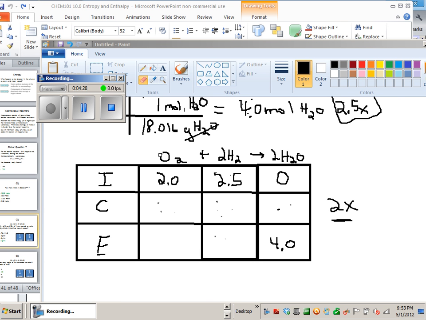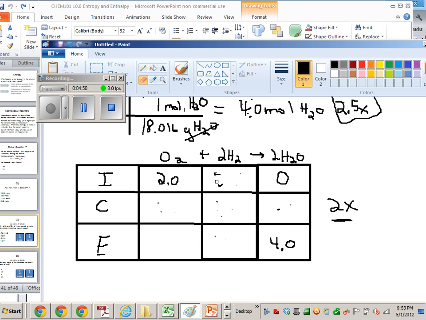I is for initial, C is for change, and E is for end, or equilibrium amount. And what we start with is 2 moles of O2 and 5 moles of H2. Sorry about that, it was 5 moles of H2.